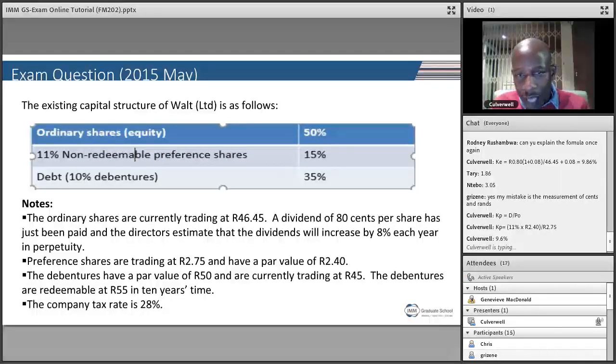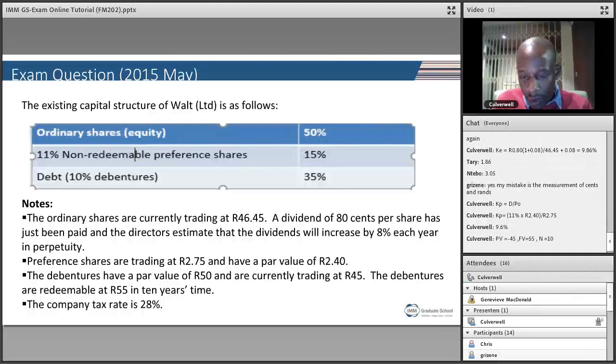So you say 10% of the 50 rand will give you 5 rand. And then you adjust the 5 rand to tax, 1 minus T, where they told us that the tax rate is 28%, 0.28, which will give you the solution of your PMT being 5 rand times 0.72, 3 rand 60.